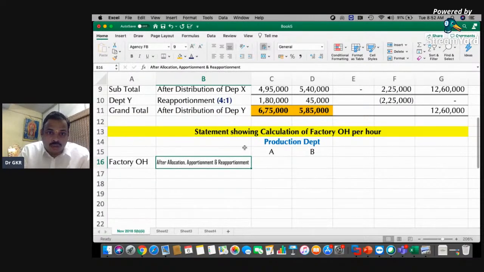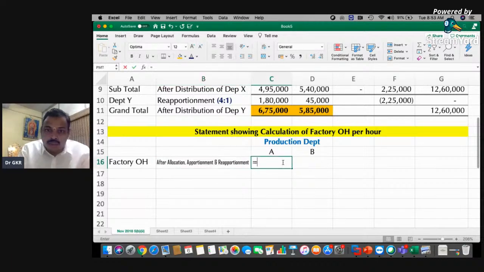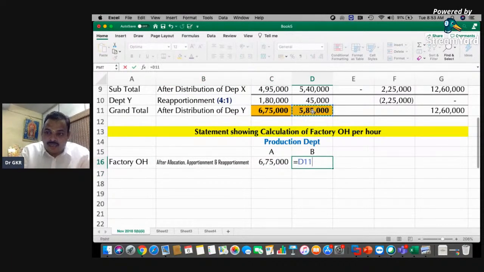So this is your factory overheads after allocation, apportionment, and reapportionment. How much? 6,75,000 and 5,85,000.